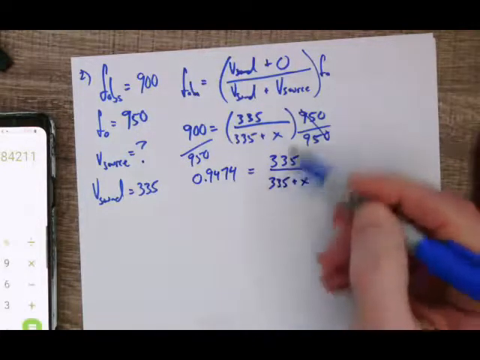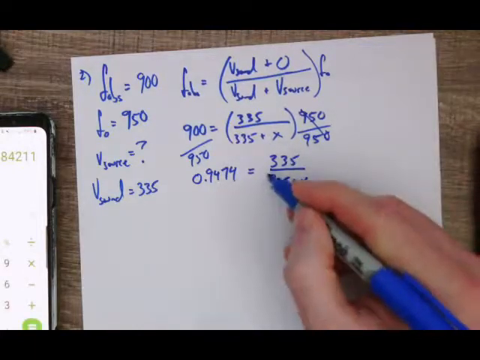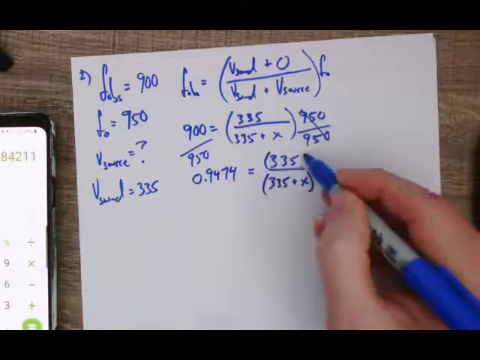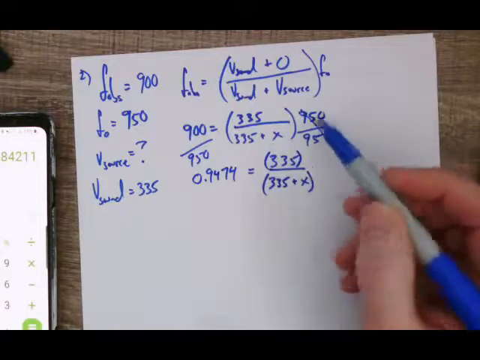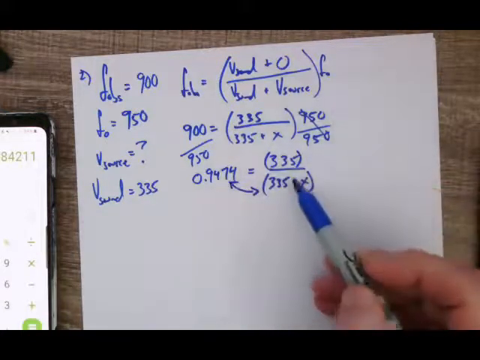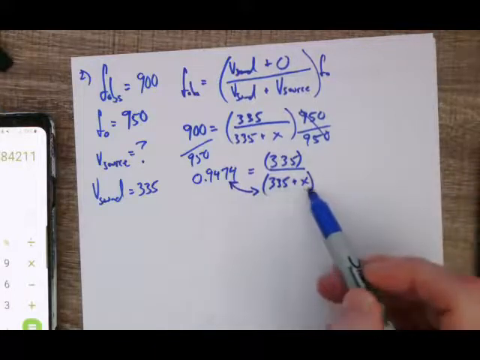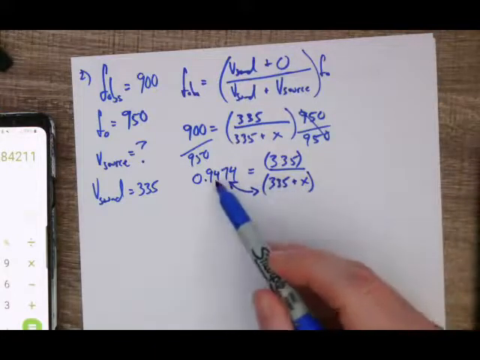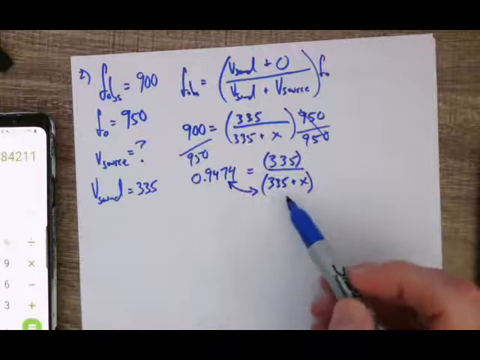You cannot cancel these 335s. This is a whole term. So we just switch these two. The magic triangle, right? If we multiply both sides by 335 plus x and then divide both sides by 0.9474, it'll switch these two.